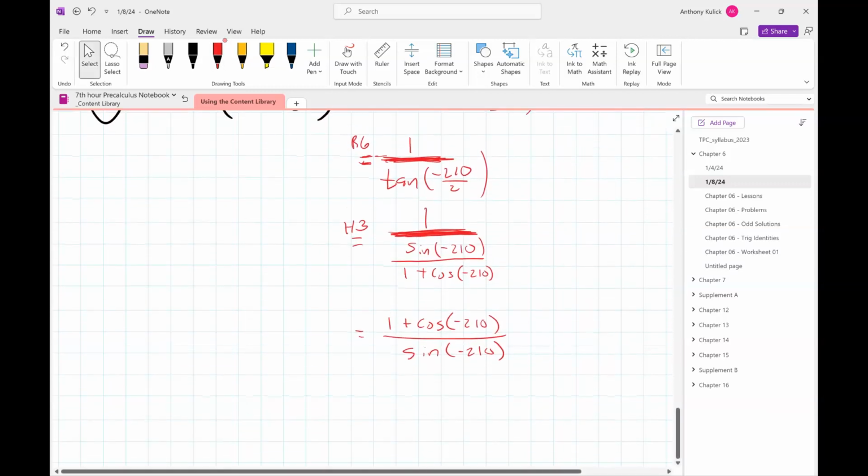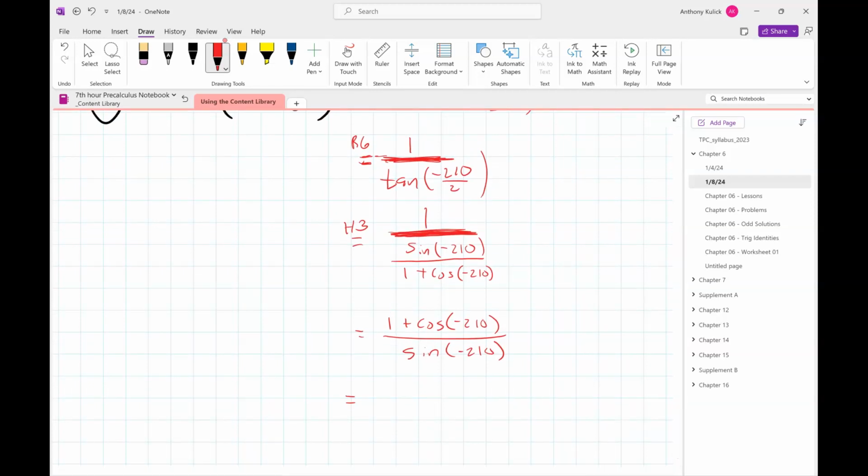So now would be time to go to my unit circle to find the values of cosine of negative 210 and sine of negative 210. The problem is that negative 210 isn't an angle on my unit circle. So I'm going to add 360 to that, which gives me 150. I don't know if I said the wrong number before. Did I say 210 or 240 or something? So that's just me adding 360. And now I'm going to go to my unit circle.